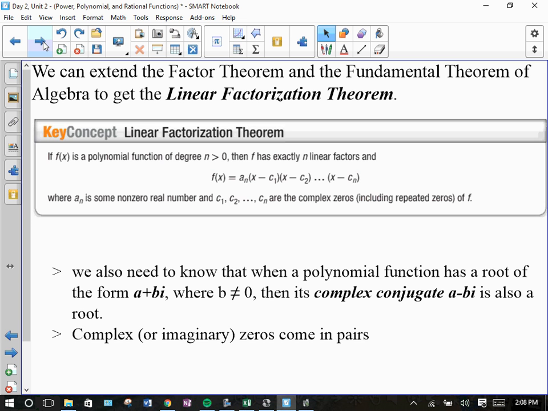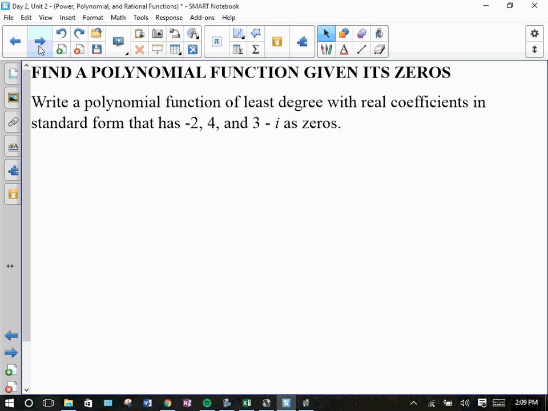Okay. So what we get here is this. It says write a polynomial of least degree, so I want you to write this down.